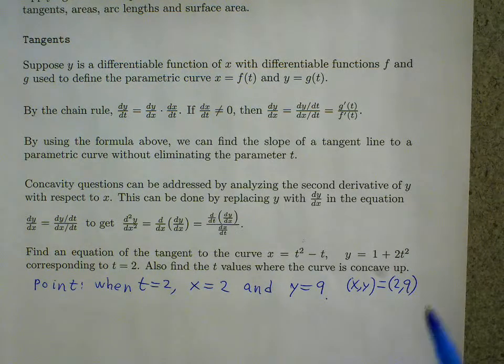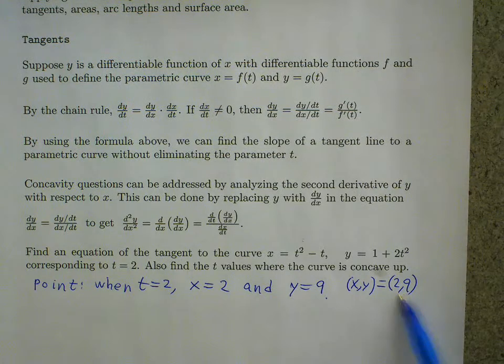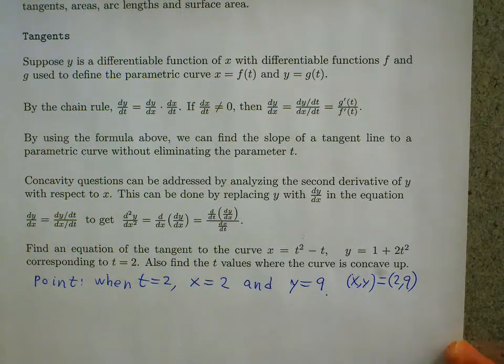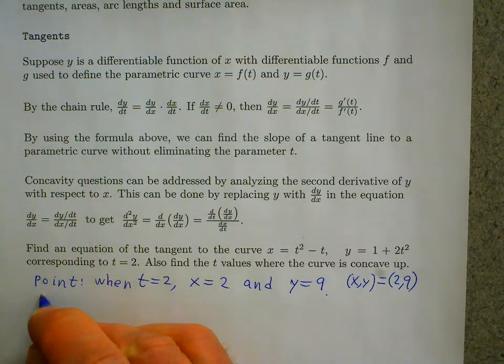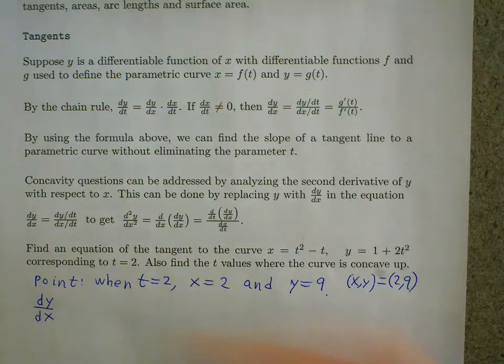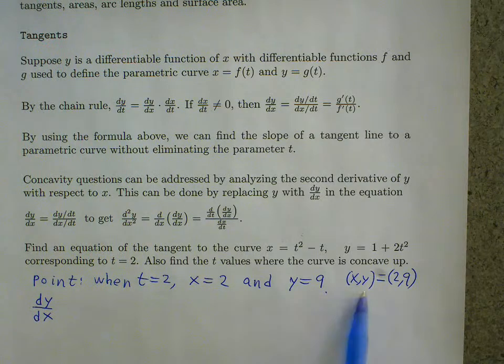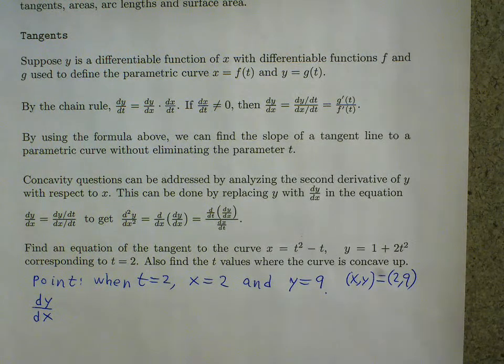Now we want to find the slope of that tangent line that passes through that point, (2, 9). So if we can find the derivative of y with respect to x, and then evaluate the derivative when x equals 2, then we'll know what the slope of that line is.